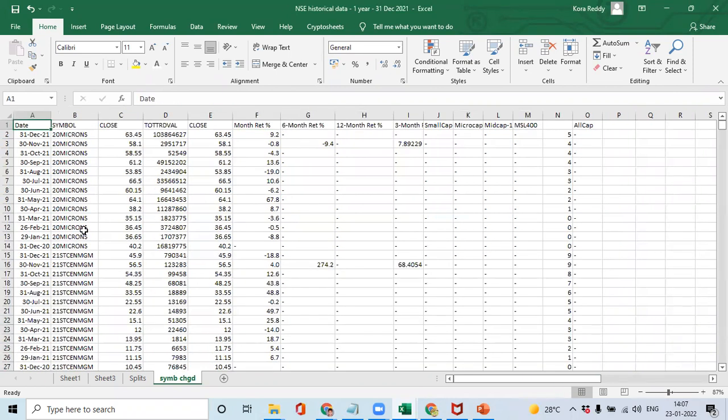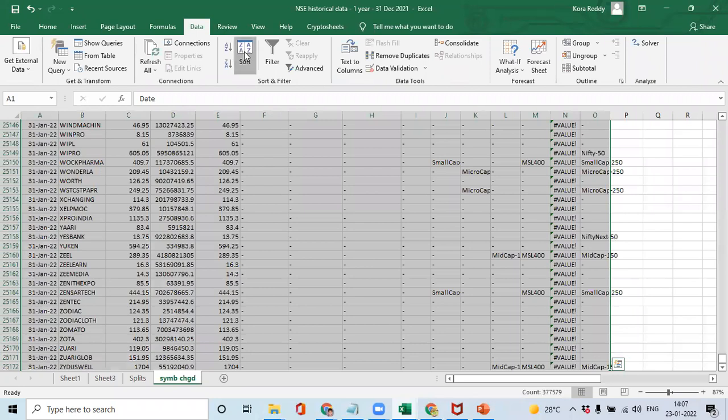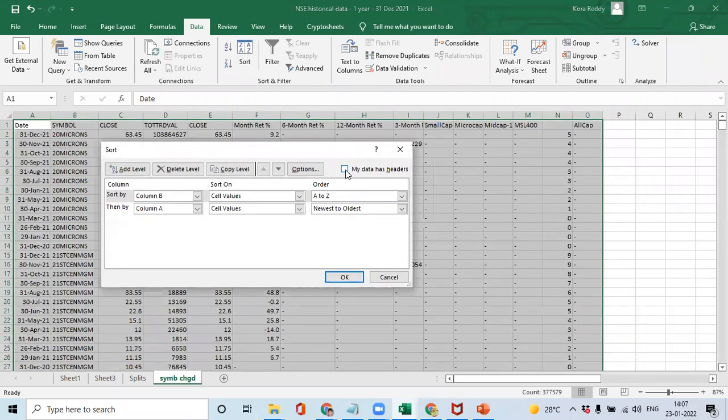Right. So this is the data for this month. Now what I'm going to do is sort. This Excel sort is a very powerful sort because you can do multi-sort in one go.